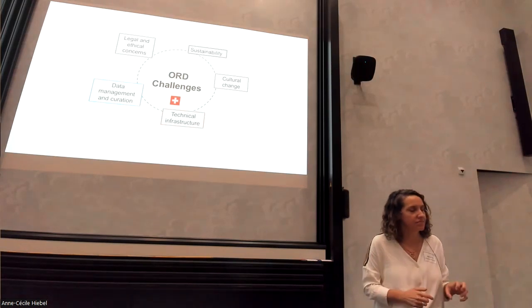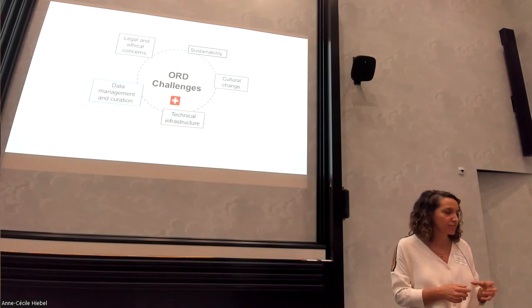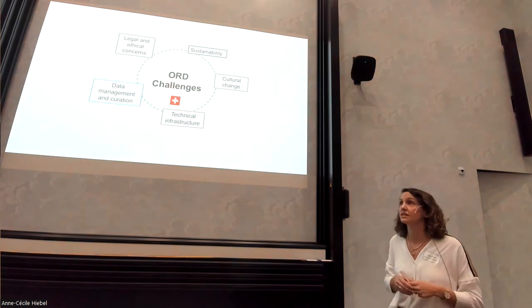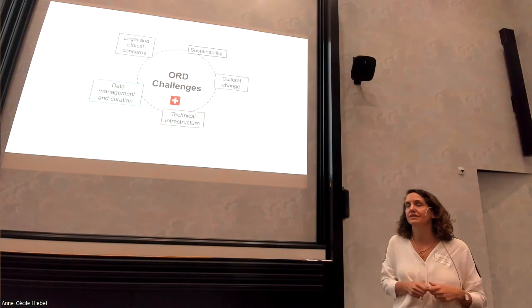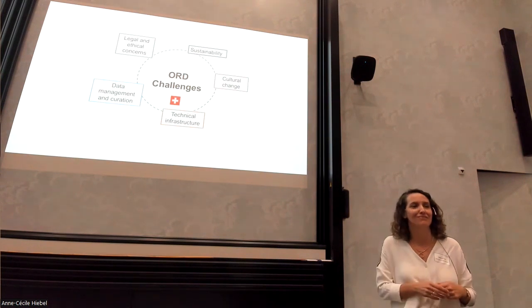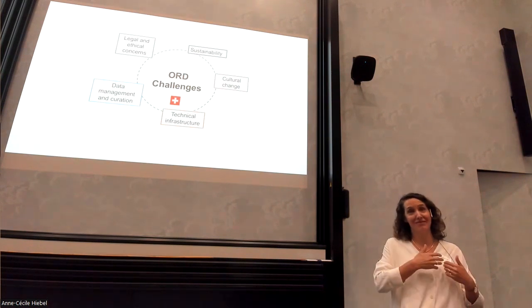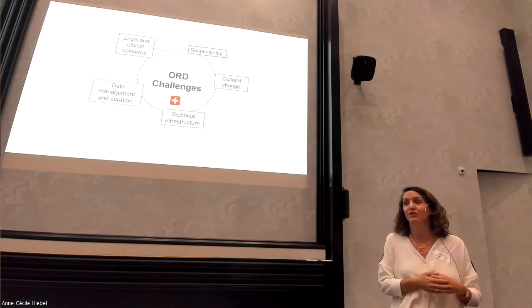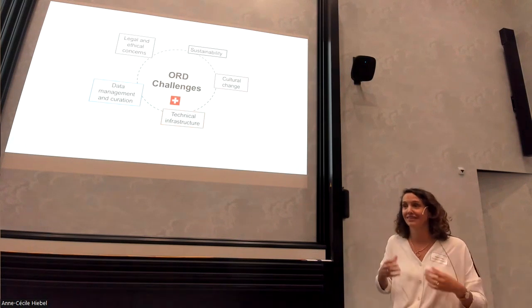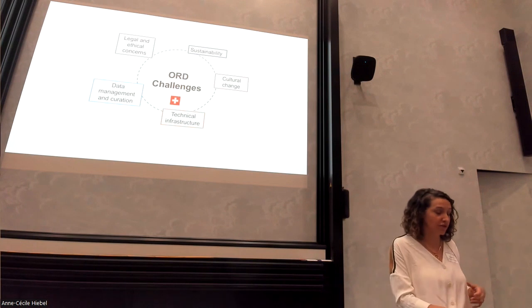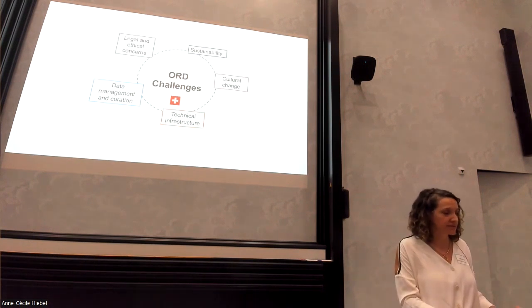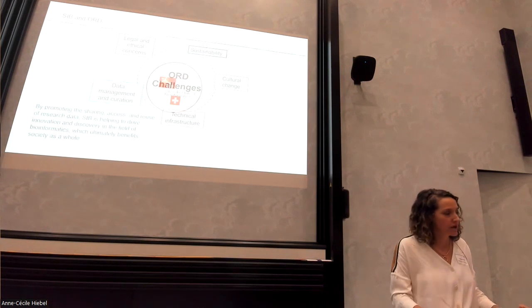And finally, the sustainability of the practices is a challenge because we don't know if this action plan from Swiss universities is going to be forever. We don't know for how long we are going to have funding to support our open research data practices. So it's another challenge here in Switzerland.